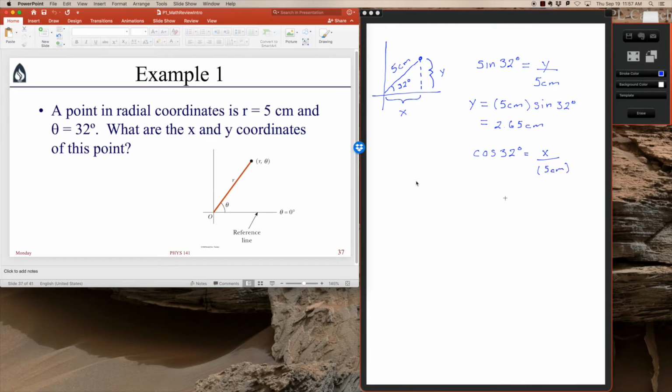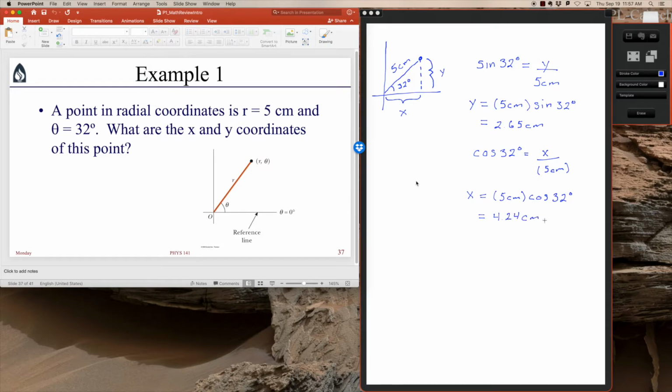So to calculate my x-coordinate, I would take 5 centimeters times the cosine of 32 degrees, which gives me a result of about 4.24 centimeters.